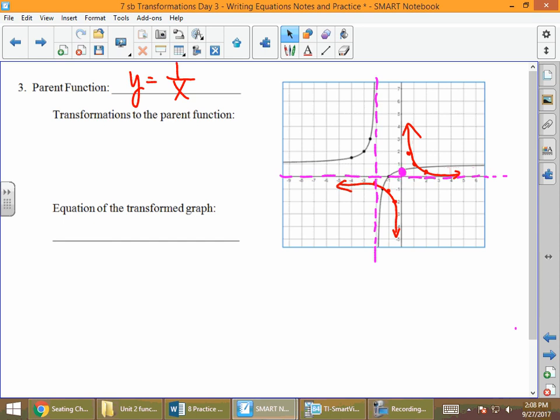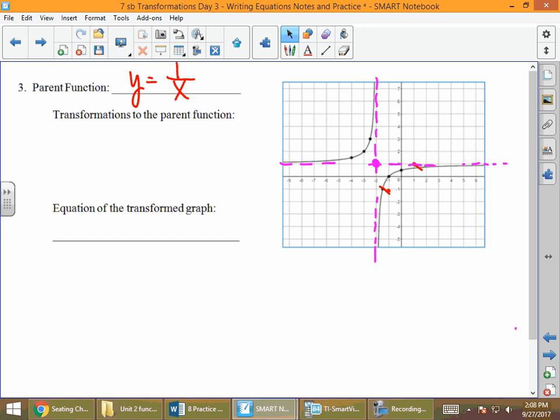I'll get rid of this red graph, and I can move that there. But what we can tell by doing that is that I think of it as there's the new origin, so to speak.